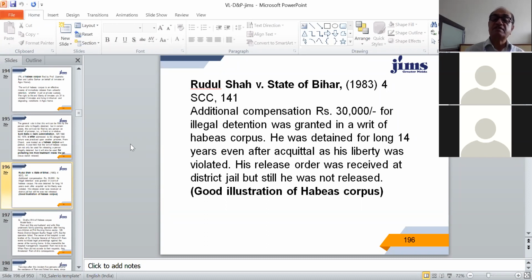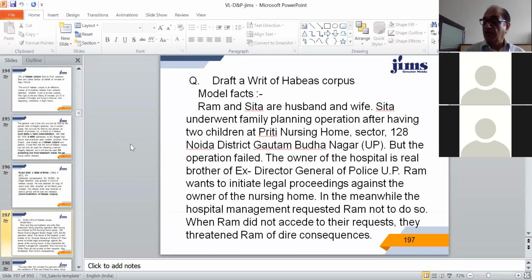His release order was sent to the district jail. It was received in the district jail, but still he was not released. And he was released when a writ of habeas corpus was filed on behalf of Mr. Rudul Shah.